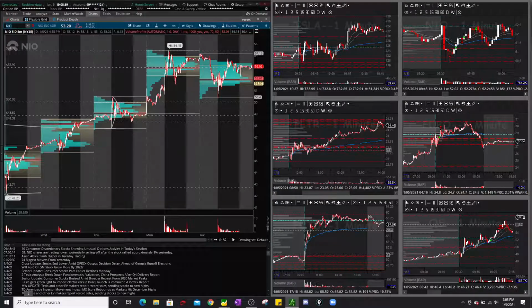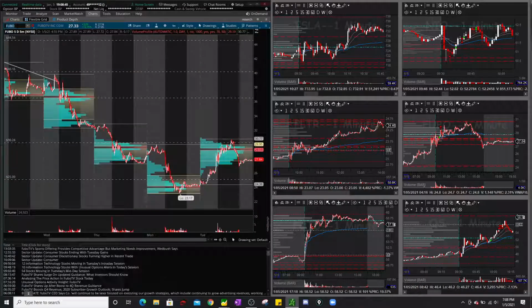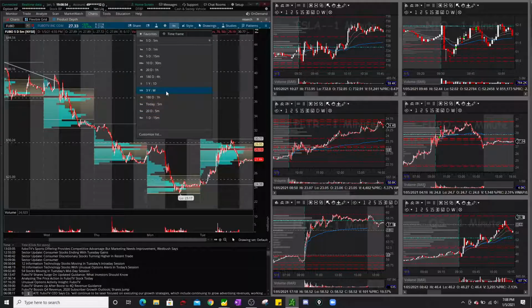So great trading I had on FUBO. Let's look at FUBO and see market analysis here, volume profile again. So the stock is oversold. FUBO and QS were both on my list, and FUTO as well.